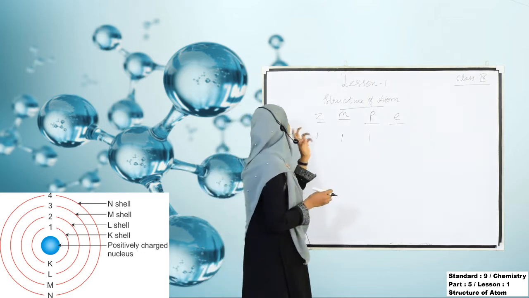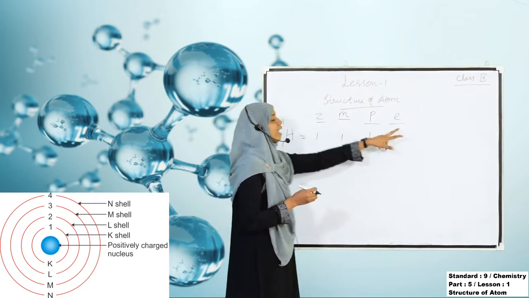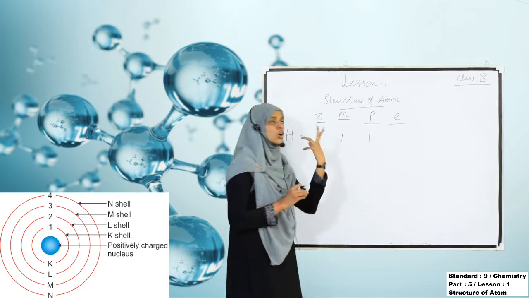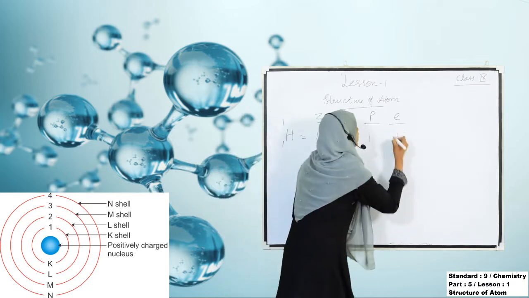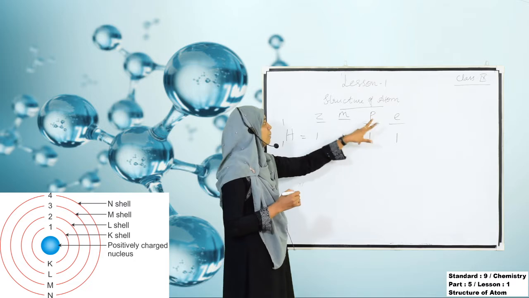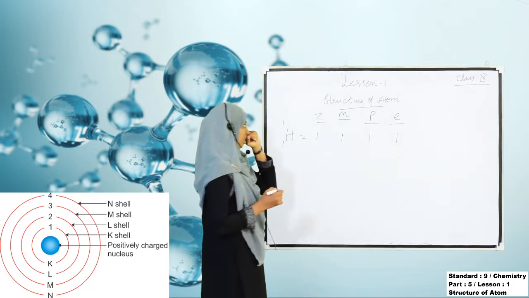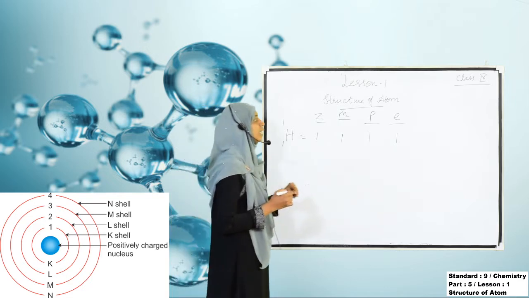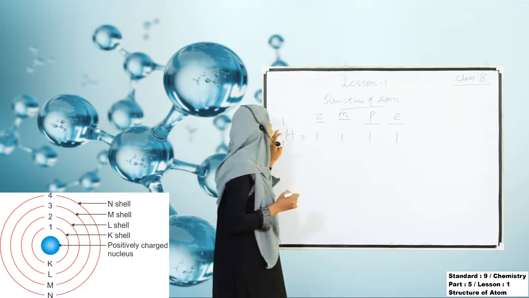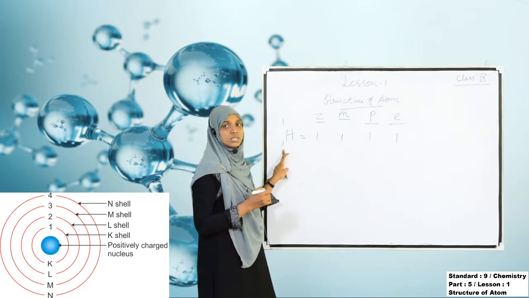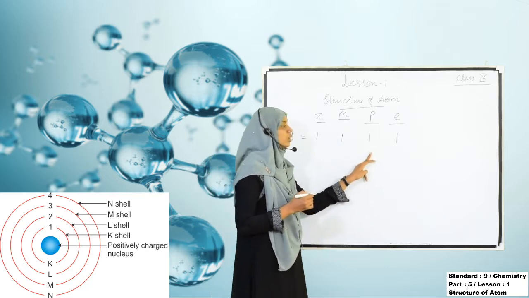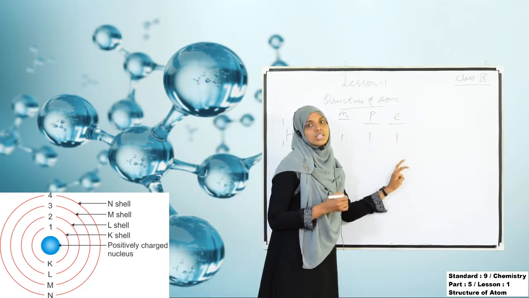Hence the number of electrons is also equal to 1. While writing the number of protons and electrons of hydrogen, the atomic number is 1, the number of protons is 1 and the number of electrons is 1.